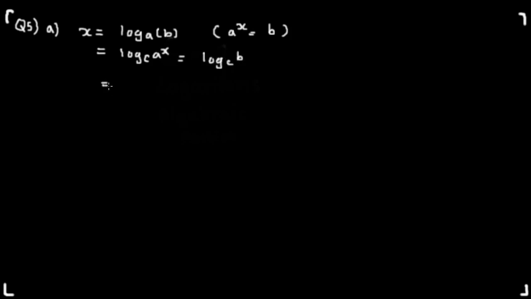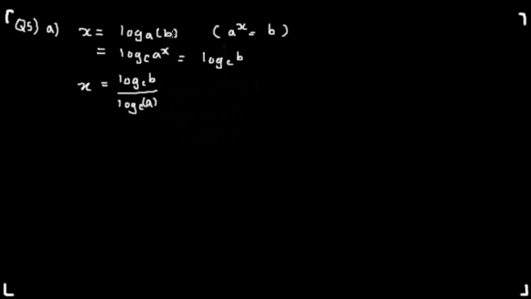And from here you can write x is equal to log c of b, the argument, over log c of a. So this is just when we want to change the base of something.